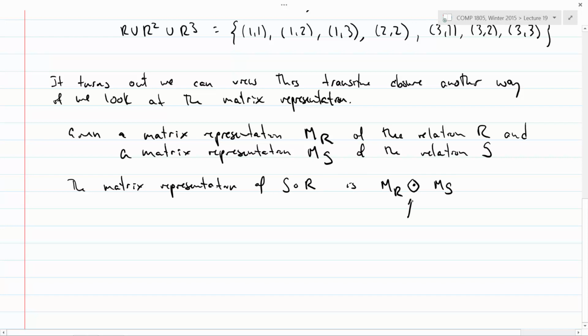So this symbol here, it's a dot with a circle around it, is the join operation. And join is exactly the same as matrix multiplication, except anytime you have something other than a 0, it's a 1. So if you get a 2 somewhere in your matrix, you just change it to be 1. That's what it is. So it's the same as multiplication.